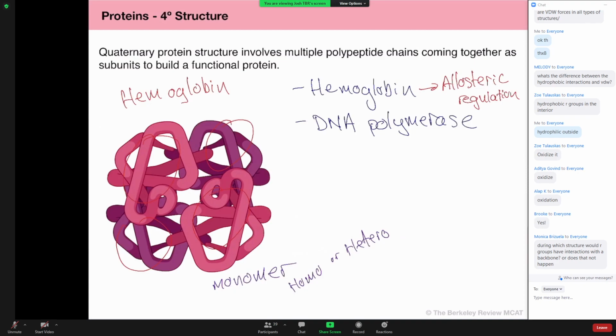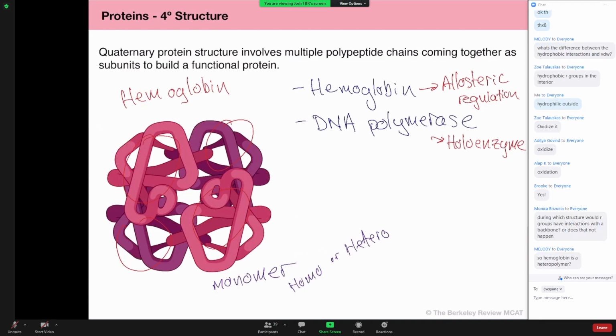DNA polymerase, right? It talks about how DNA polymerase is a holoenzyme, which means when it's an active enzyme with all the subunits versus when it's not a holoenzyme. Okay, another classic MCAT structure that deals with quaternary structure is ion channels, right?